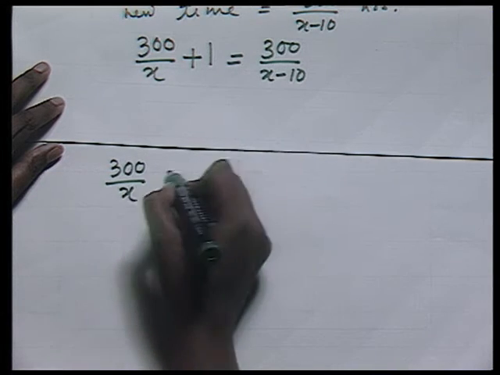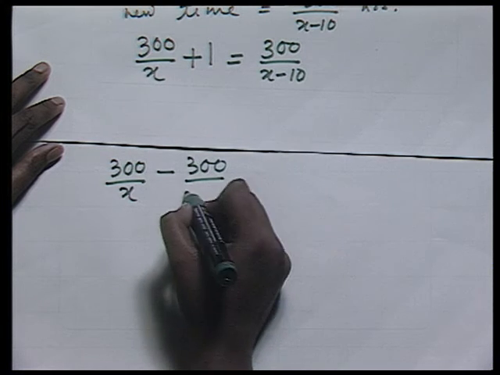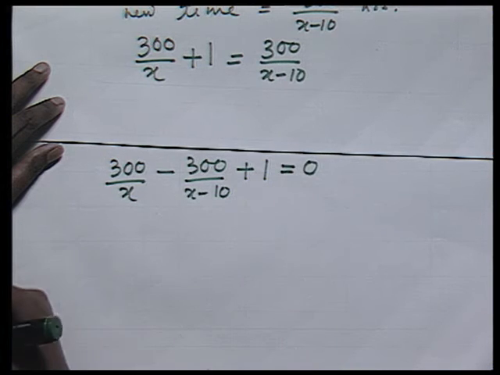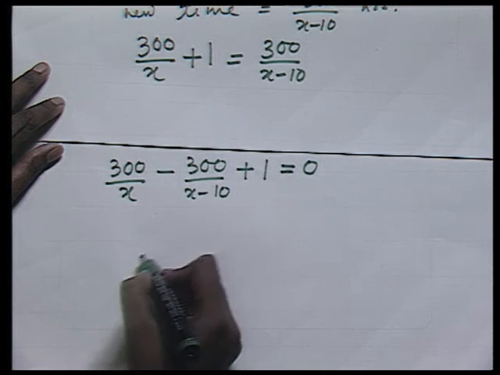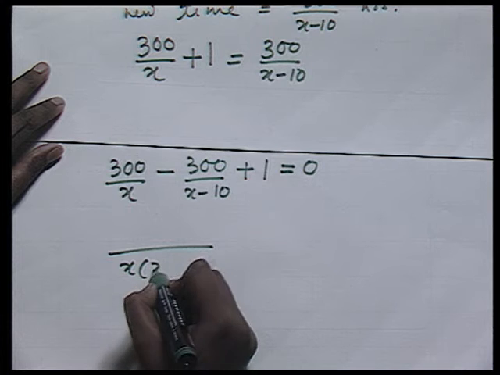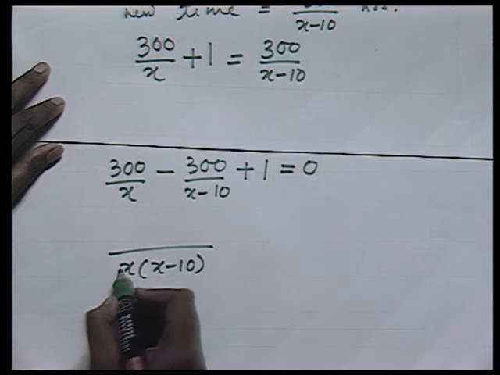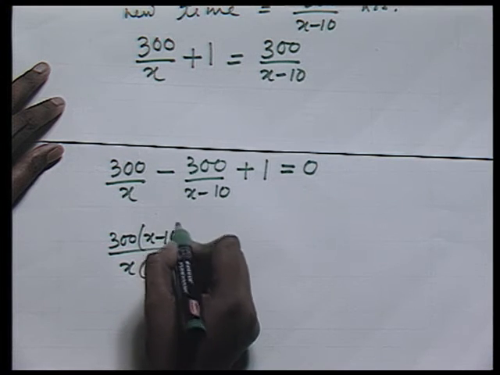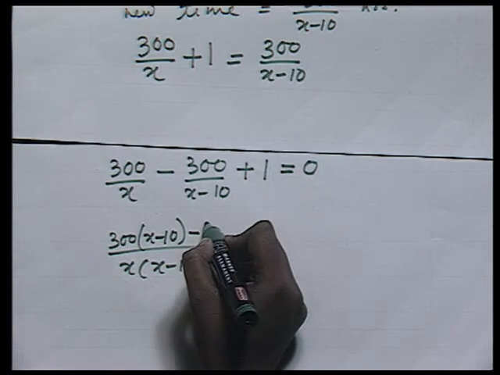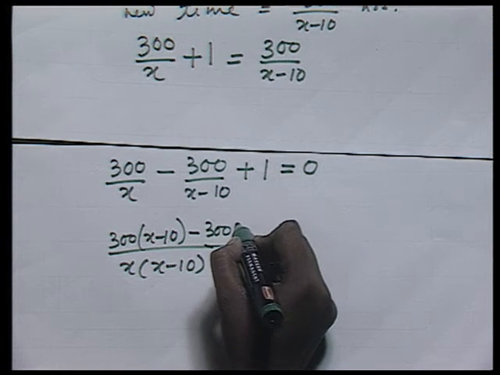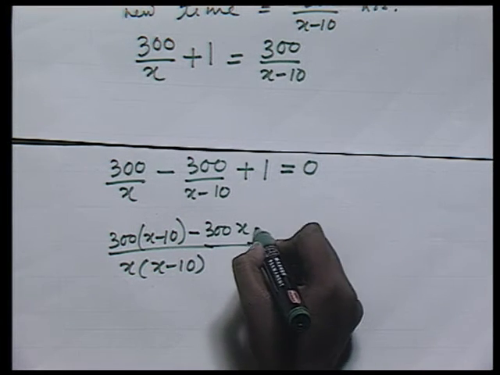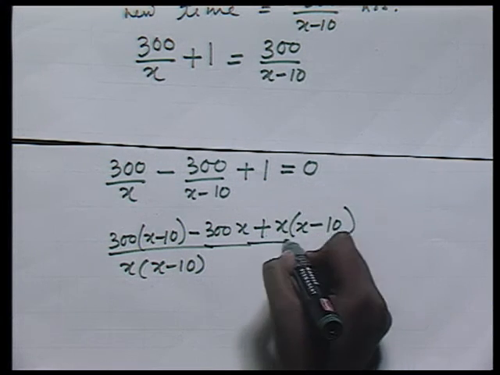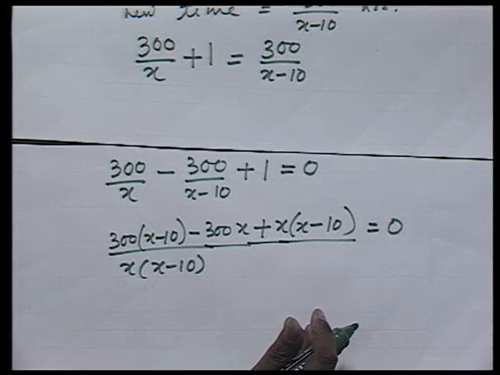300 upon x minus 300 upon x minus 10 plus 1 equal to 0. Taking LCM, we get x into x minus 10, and here we have 300 into x minus 10 minus 300 into x plus x into x minus 10 equal to 0.